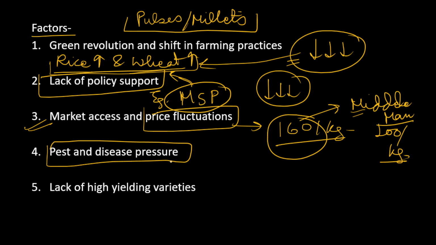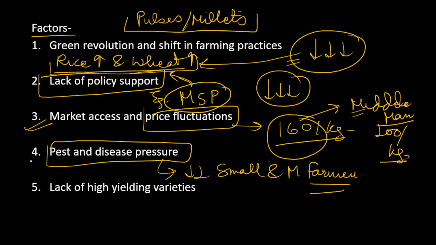Farmers who produce pulses are generally small and marginal farmers, so they are not able to effectively control these pests and diseases, and whenever there is a pest resurgence, all of their production goes in vain.